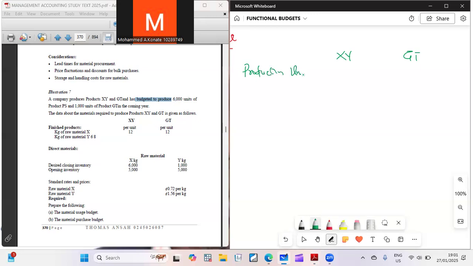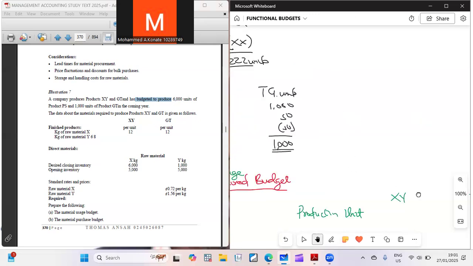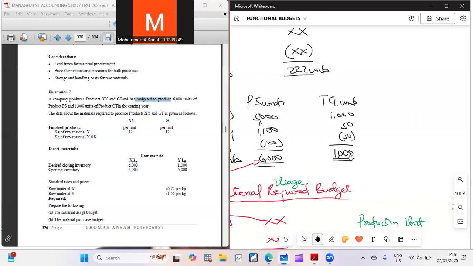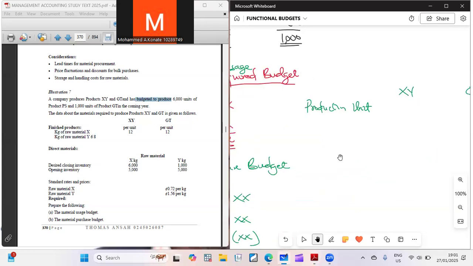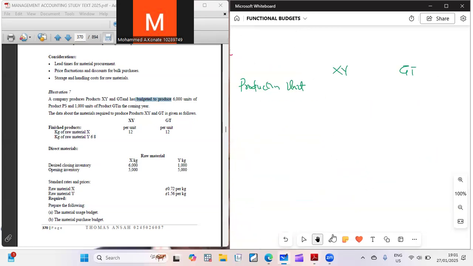But in a typical exam question, you will do your own production unit, like the way we did them here, 6,000 and 1,000, and that is what we are continuing with. So we knew that our production unit for this one is 6,000 and this one is 1,000.